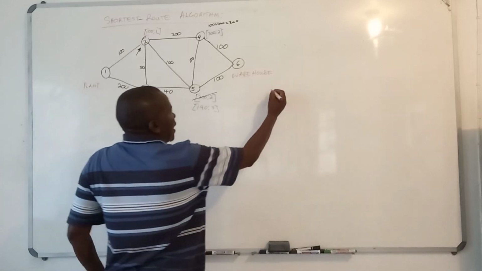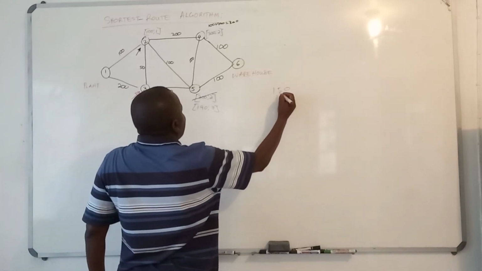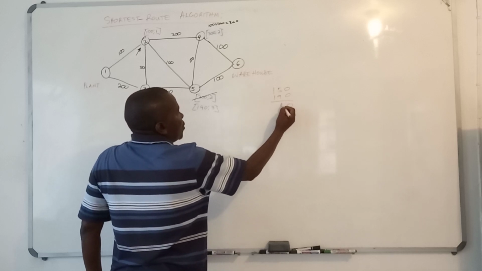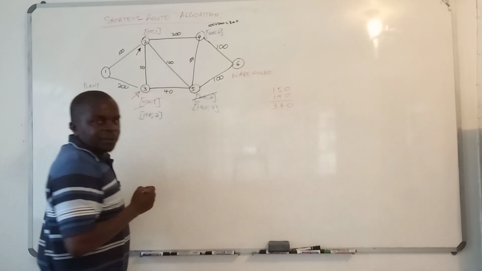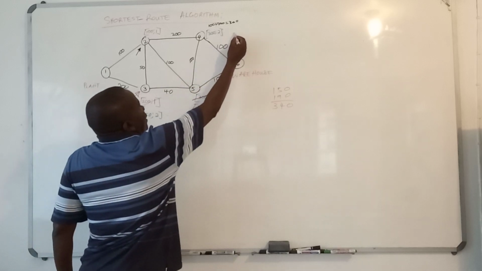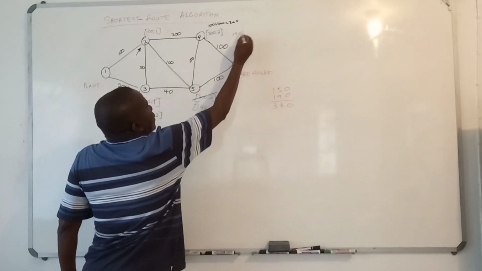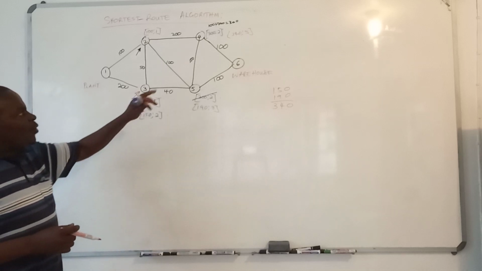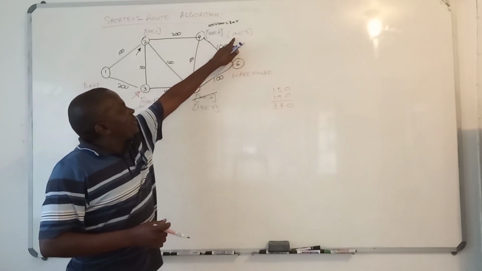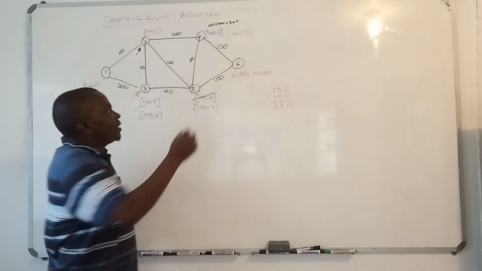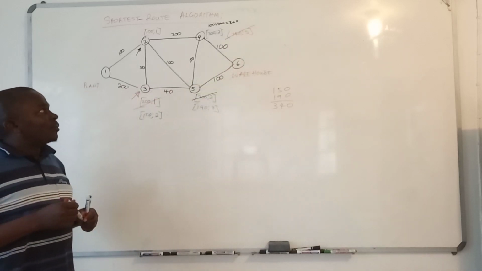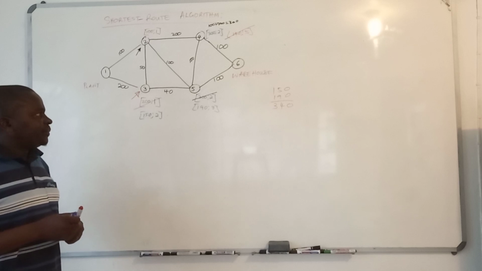Let me do it on the side. 150 plus 190, it is going to be 340 from node 5. Right? If we compare these two, obviously 340 is greater than 300. So this one we cannot take it. We are going to consider 300.